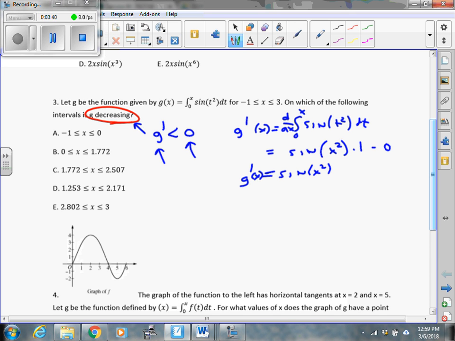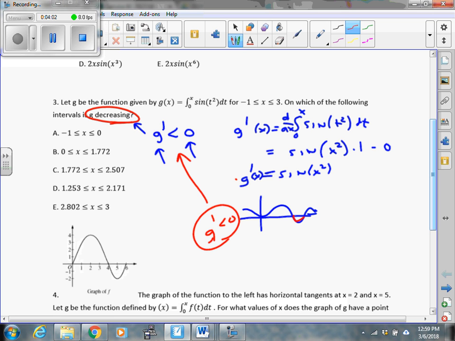On an interval from -1 to 3, it looks like this. It goes up, touches, down, and up, and back down. I want to know where the derivative is less than 0. That's the goal.